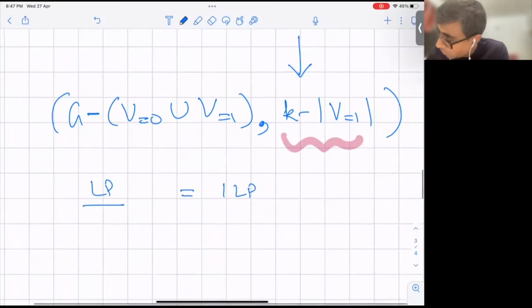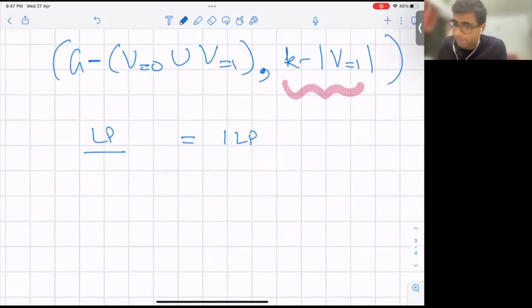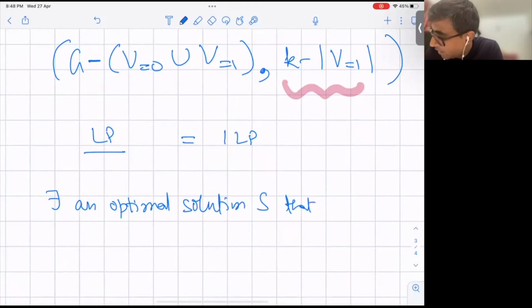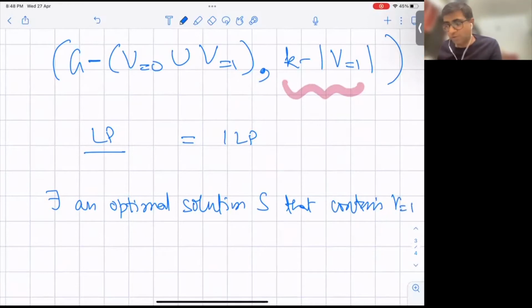Now when we apply this reduction, what is the property? There exists an optimal solution S that contains V1. Am I right? We know this property.